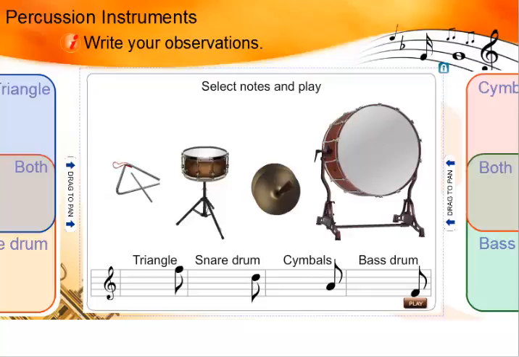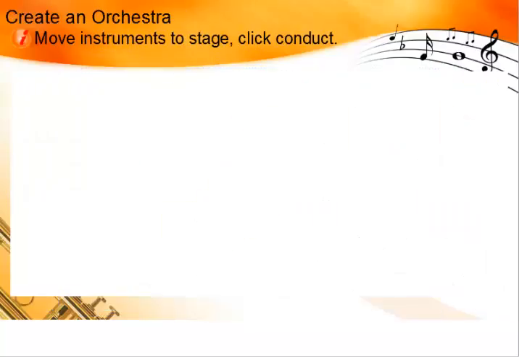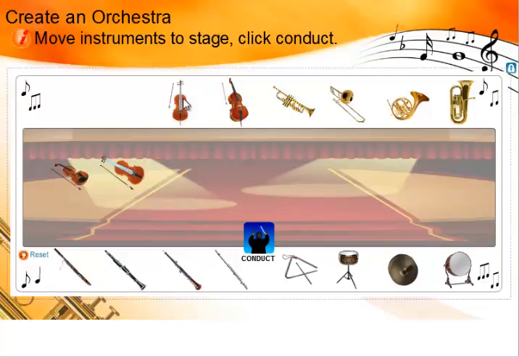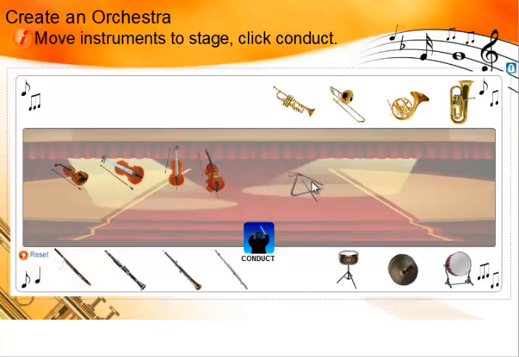Alright, so now we've learned about all the different types of instruments. Let's put them all together and create beautiful music. Alright, for my orchestra, I'm going to use all the string instruments and the percussion. And it will blend beautifully together.